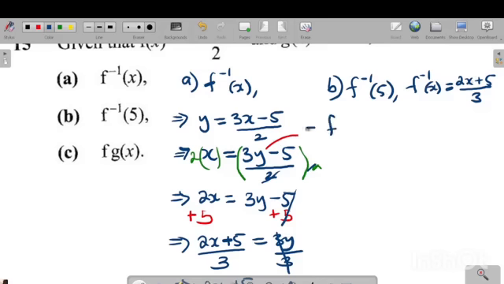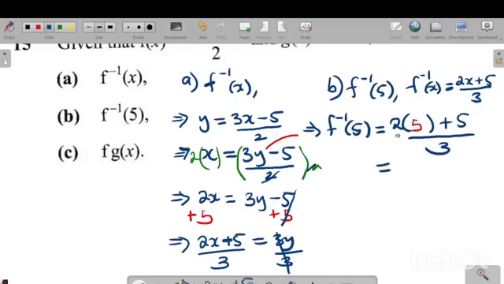Okay, so this will imply that f inverse of 5 is equal to 2, I'm going to open brackets like this, plus 5 over 3. Now what are we putting in the brackets? We are putting a 5 here. Okay, so now we go ahead. 2 times 5 is 10 plus 5 over 3.